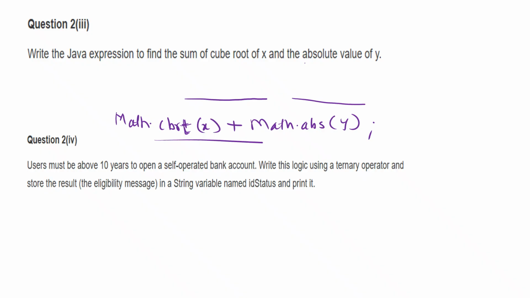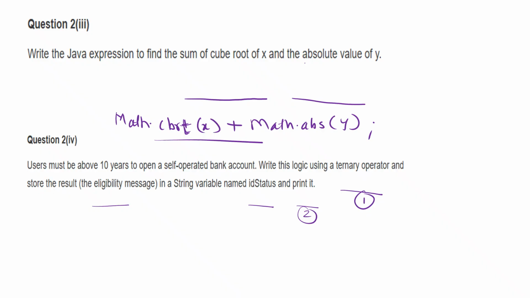Now users must be above 10 years to operate a bank account. Write Java code using the ternary operator, store the eligibility message in a string variable named idStatus, and print it. First you have to write a ternary operator, and second you have to print the result.